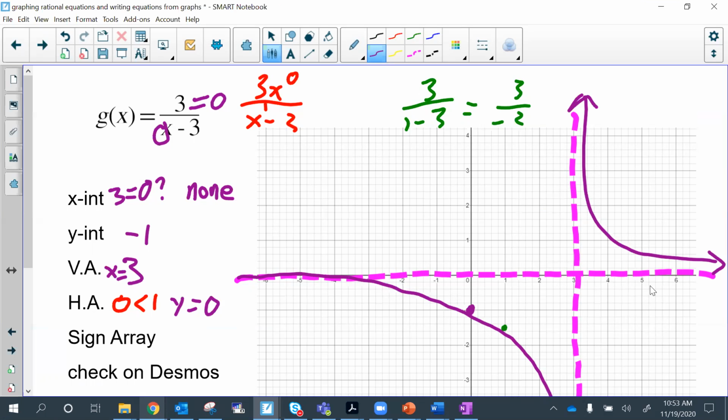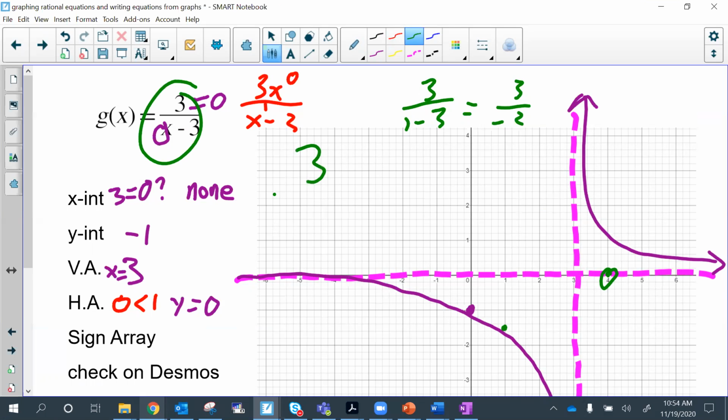All right, so what I was saying is that all of these points to the right of 3 are all going to be positive or they're all going to be negative. I never cross over because there's no x-intercepts. So a way you can test that is you plug in a point. For example, I could plug in 4. Let's come back to my original equation and plug in 4.